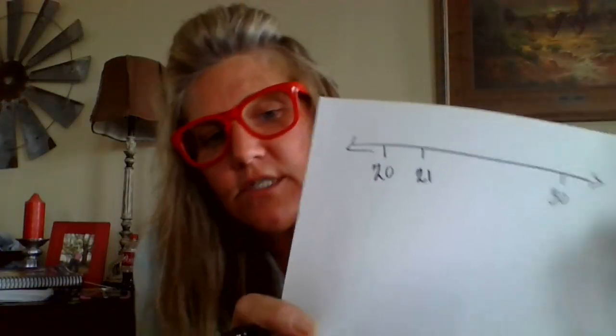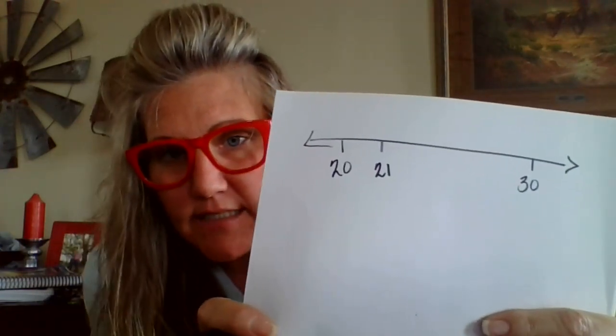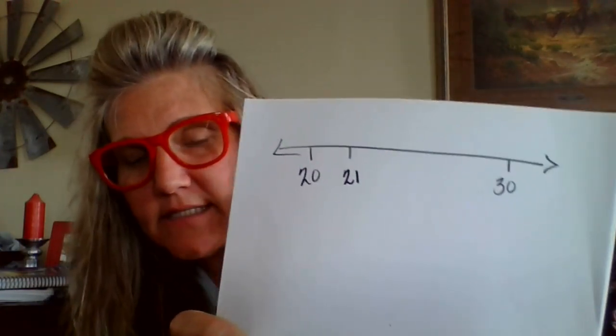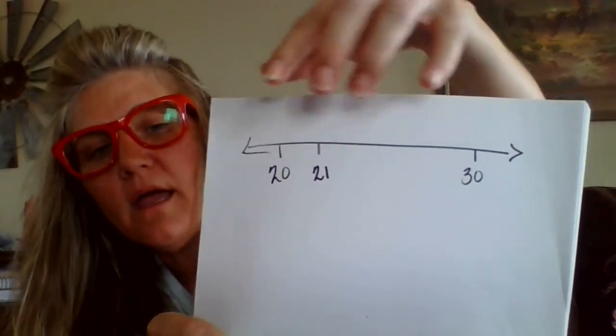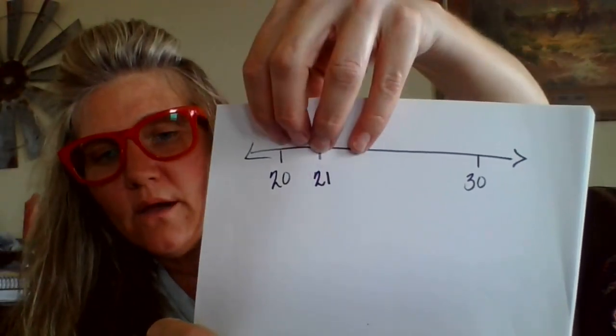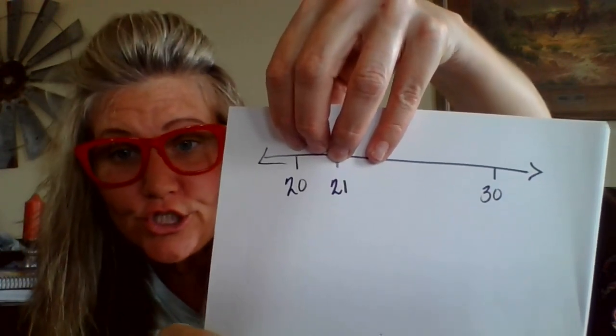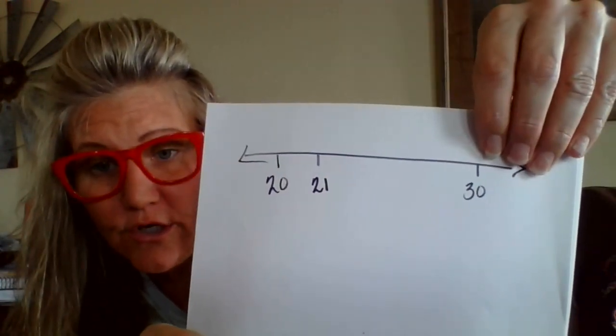If I was to say 21. If you were to round 21 to the nearest tens, well, your nearest tens would be 20 or 30, okay? So, is it closer to 20 or is it closer to 30?